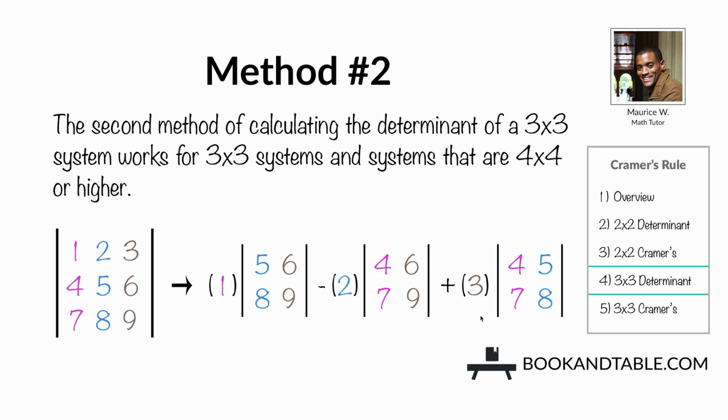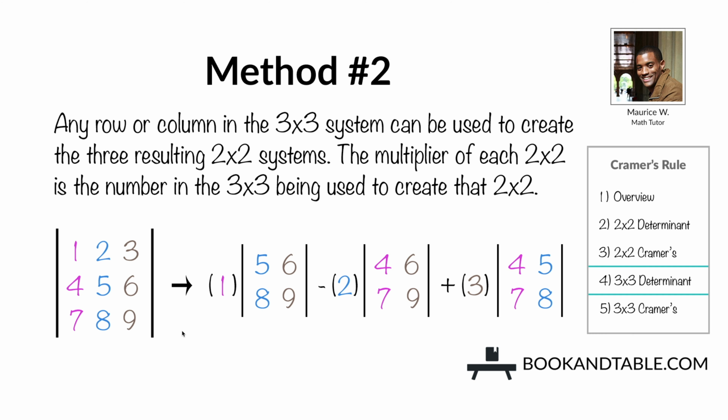But a few things to review before we take a look at that process. Any row or column in the 3x3 can be used to create the resulting 2x2 systems. The multiplier of each 2x2 is the number in the 3x3 being used to create that 2x2.